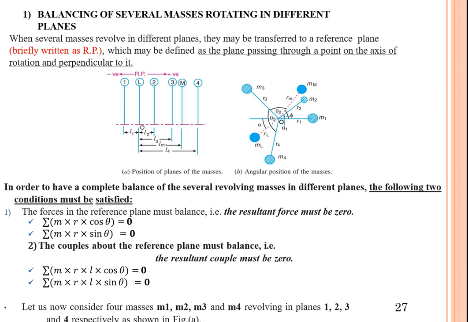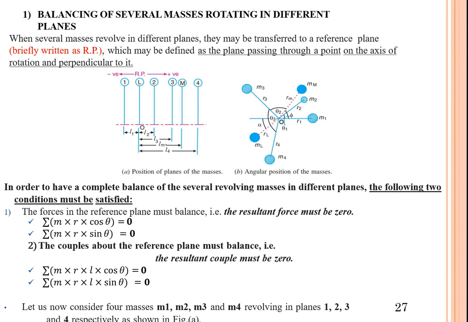The reference plane is placed between the first and second mass and the third and fourth mass, that is, L and M. Out of these, you take a reference plane. Towards the left of the reference plane is considered negative, towards the right is considered positive, and the space diagram is drawn with respect to the different angular positions.